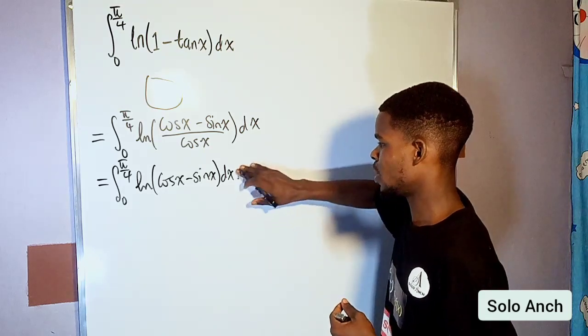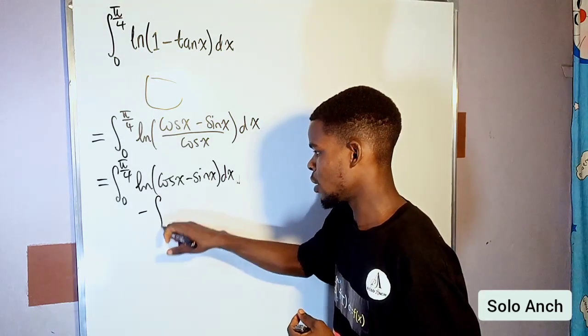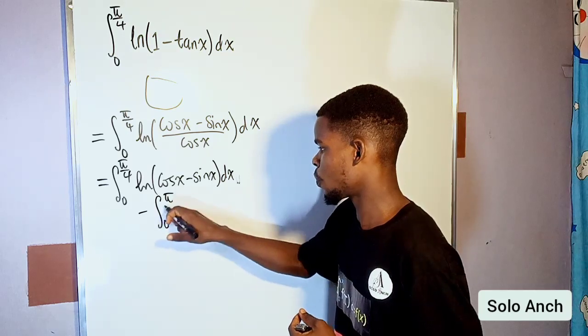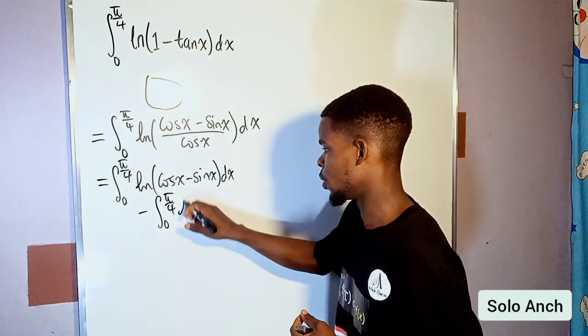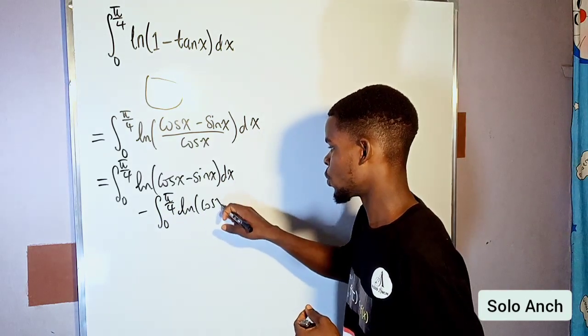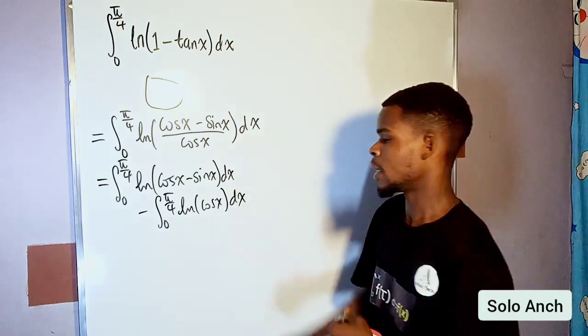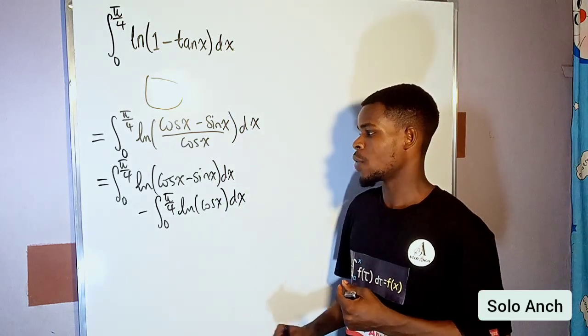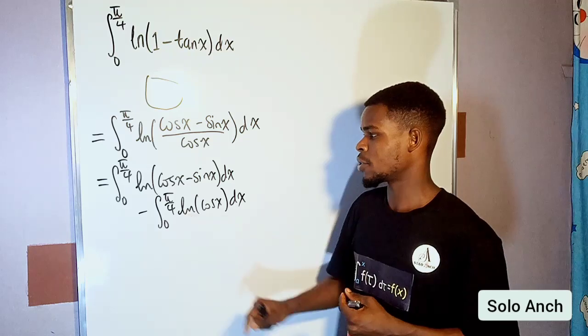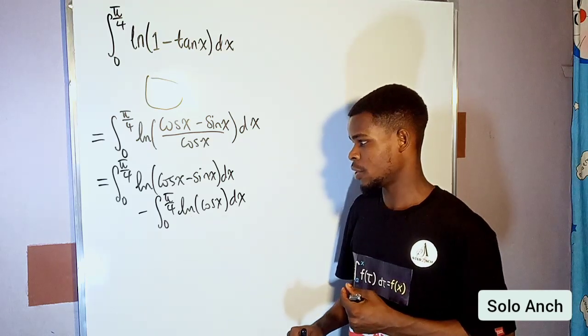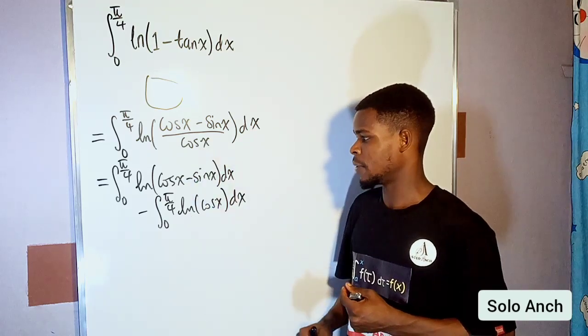So minus the integral from 0 to pi over 4 of the natural logarithm of the denominator, which is cosine of x dx. Again, that's built into the fact that the difference between natural logarithms gives us the natural logarithm of the ratio, and this is the ratio right here.